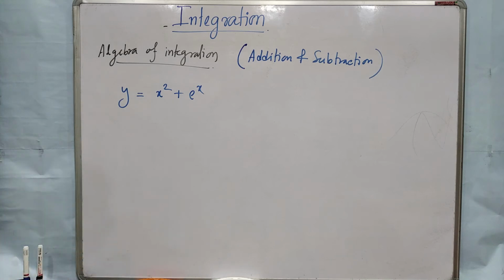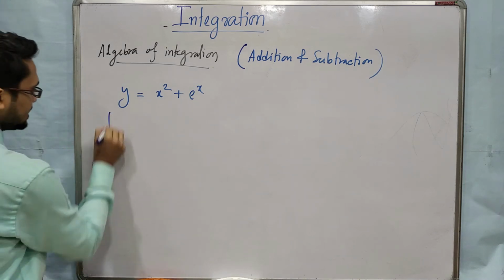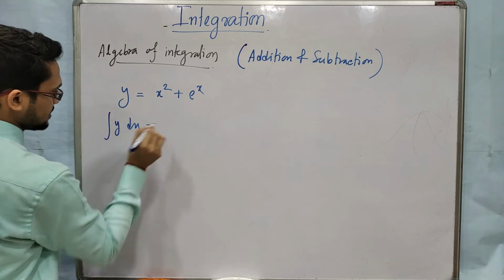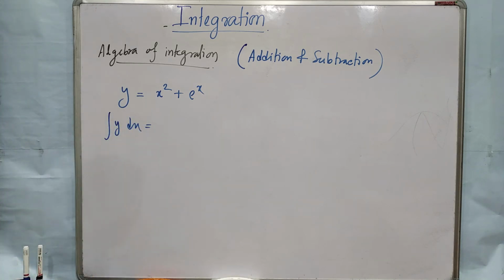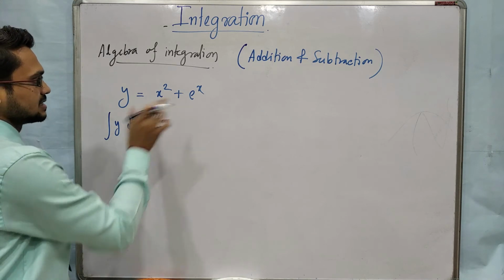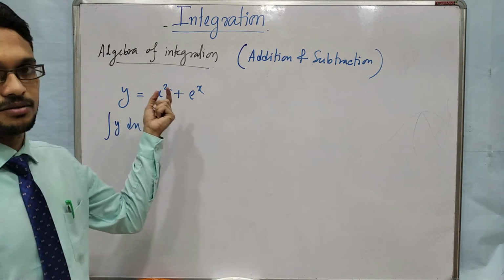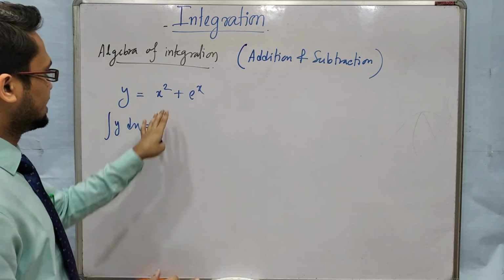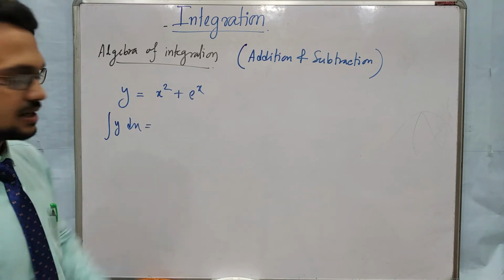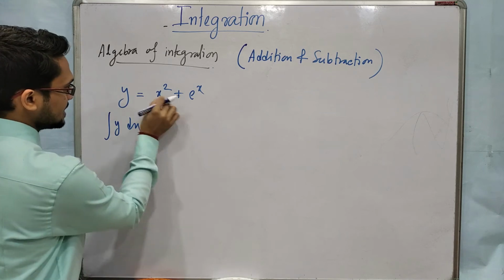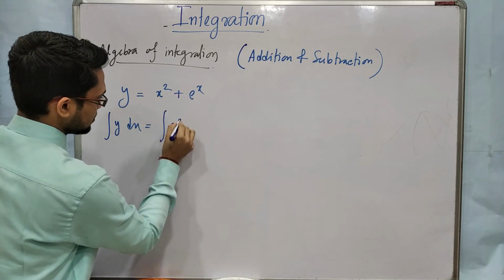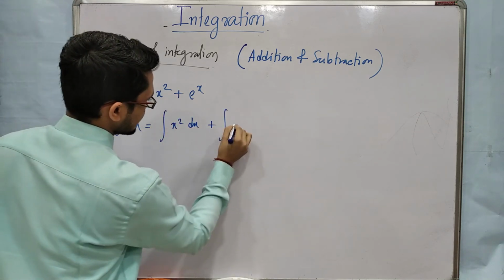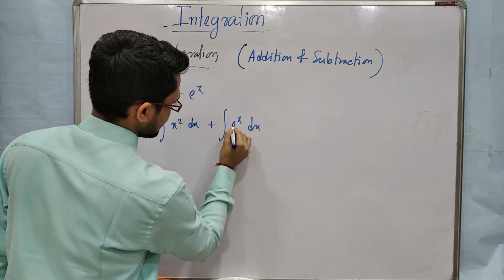You are asked to integrate this. So integration y dx. What will you do here? You will integrate this addition and subtraction kind of problem by integrating each term separately. So take each term separately, that means integration x square dx plus integration e to the power x dx.